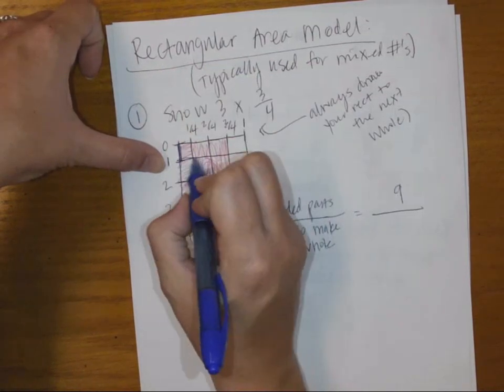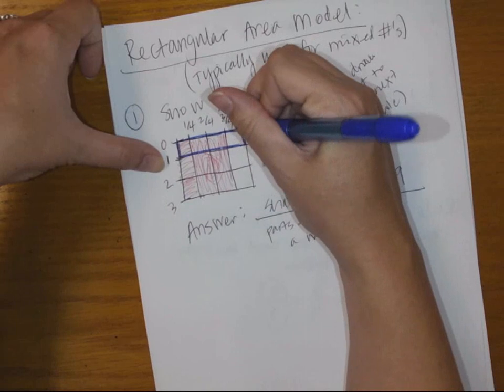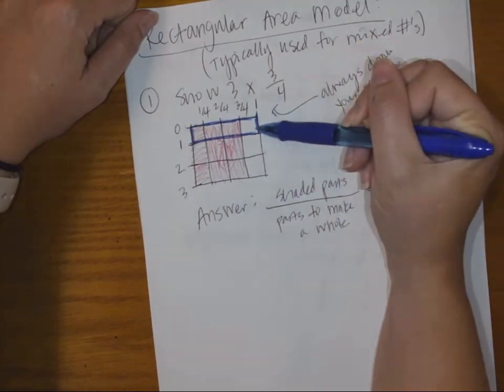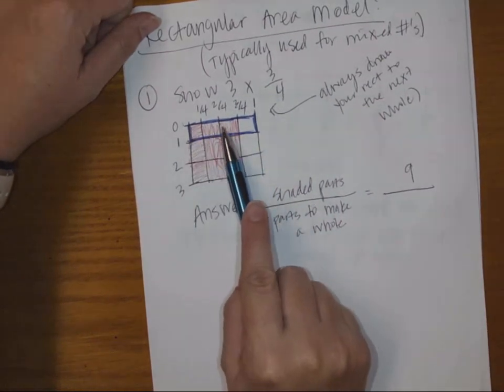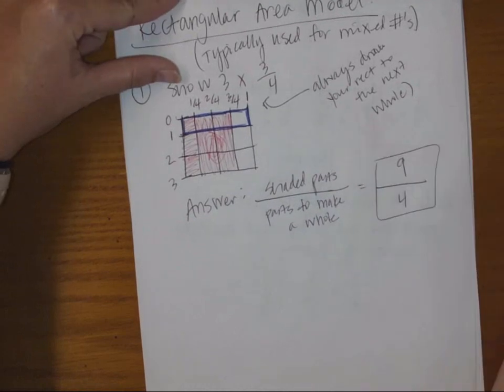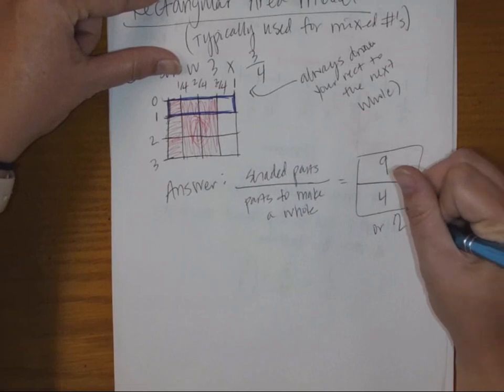So this would be my whole right here. I hope that makes sense, because 0 to 1 and then 0 to 1. So that's my whole. So what's the number of parts that make a whole? 1, 2, 3, 4. So my answer for this problem is 9/4. Or if you wanted to work it out, that would be 2 1/4.